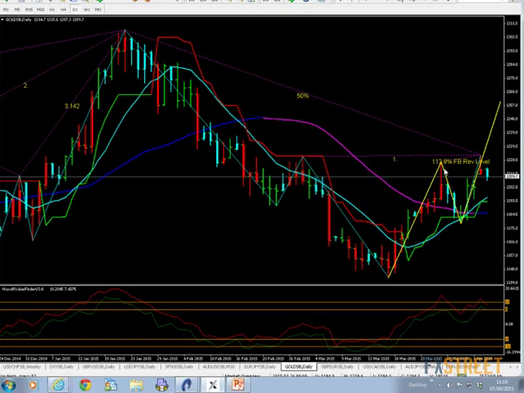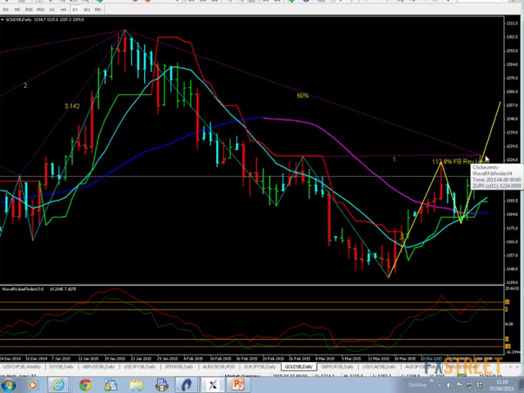Or indeed, is it going to turn around and come back down at this point? We've seen that it's popped up to a 50% level. And if we take this high to this high, it's actually popped up to what is the FB reversal level.